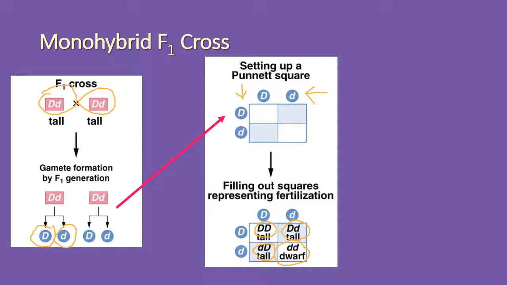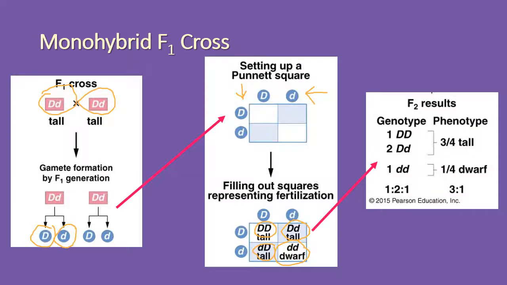So in this case, 1 out of 4 is going to be dwarf, and 3 out of 4 are tall, and so that's your phenotypic ratio of 3 to 1. Your genotypic ratio, though, is one dominant homozygous, 2 heterozygous, and 1 recessive homozygous. So you get a 1 to 2 to 1 ratio for the monohybrid F1 cross.